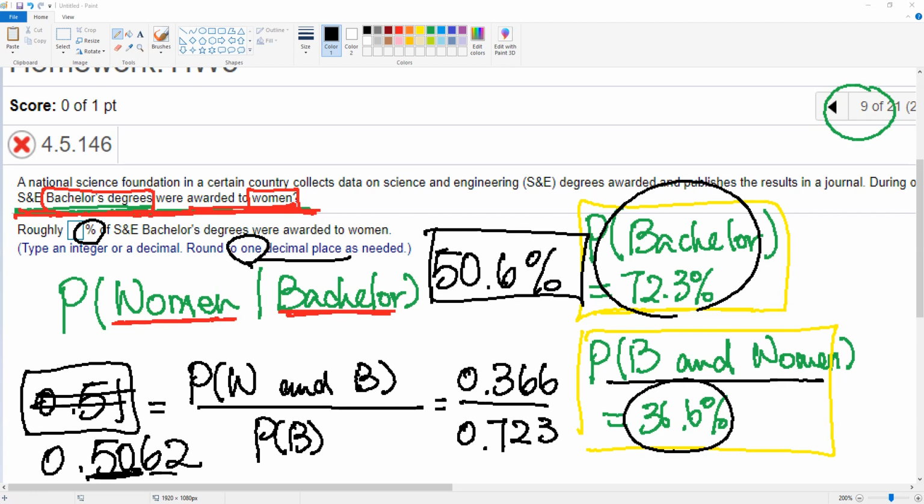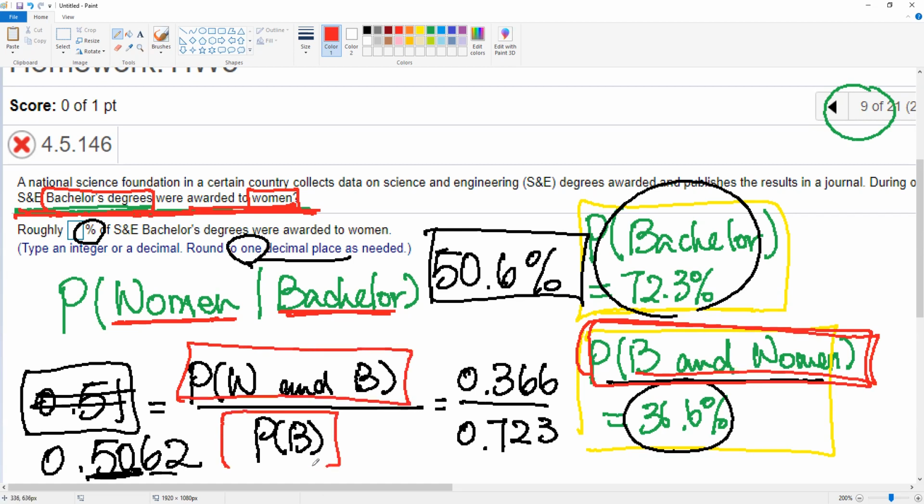So let me check the answer. It's 50.6%. It's good, right? So yeah, we take the joint probability at the top and the marginal one, and the marginal one must be the given event.